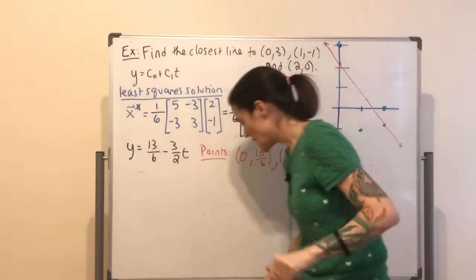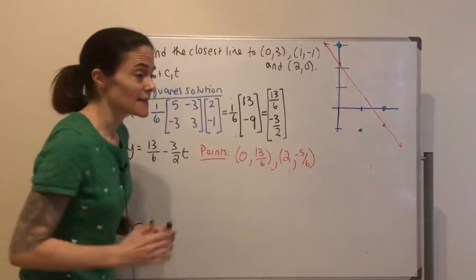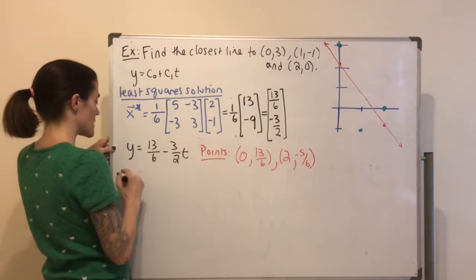Okay, now let's get back to something that I mentioned at the beginning, which was the definition of the least squares solution. So what is this here?